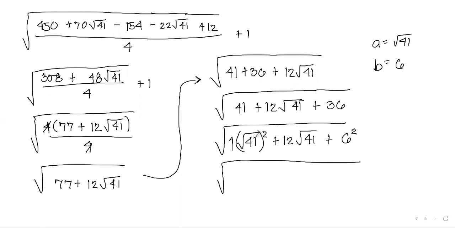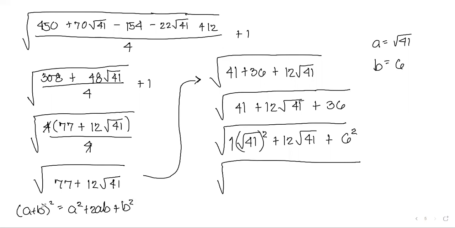Kasi A squared, square root of 41 squared is 41 plus 2AB, 2 times square root of 41 times 6, 12, and B squared. Okay. Diba? So, ibig sabihin, pwede siya nating i-express as, diba yung sabi ko kanina, A plus B, squared. That is equal to A squared plus 2AB plus B squared.